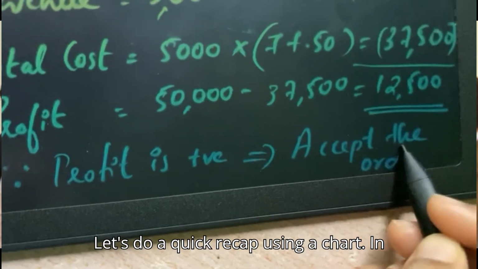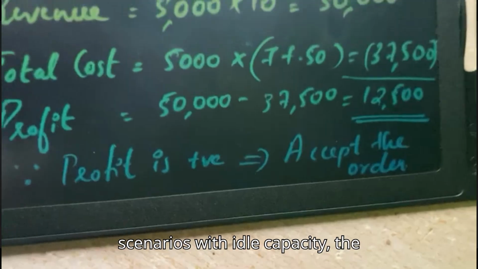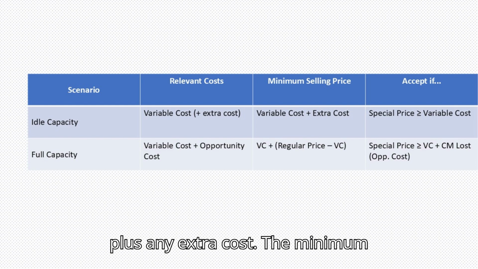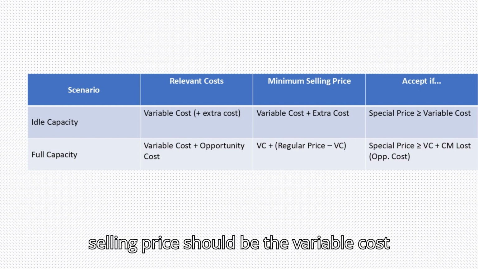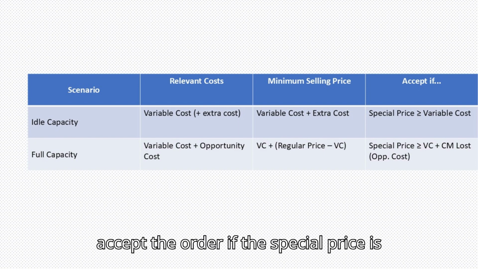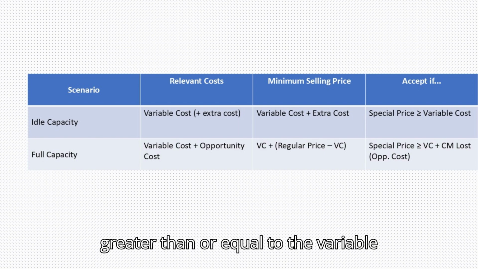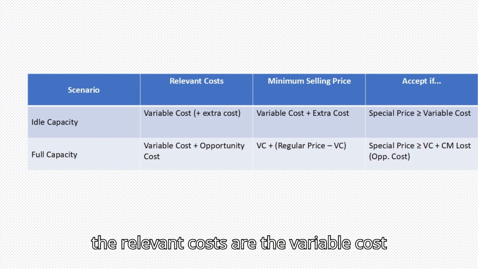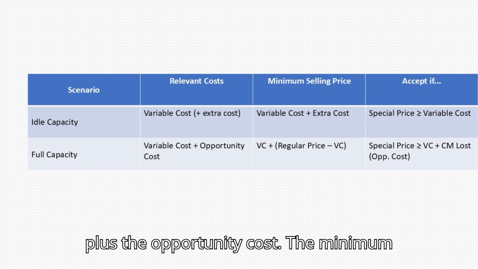Let's do a quick recap using a chart. In scenarios with idle capacity, the relevant costs are the variable cost plus any extra cost. The minimum selling price should be the variable cost plus the extra cost, and you should accept the order if the special price is greater than or equal to the variable cost. In scenarios with full capacity, the relevant costs are the variable cost plus the opportunity cost.